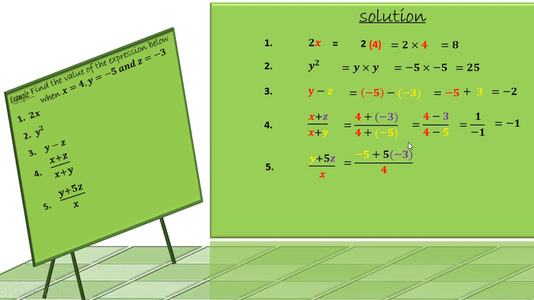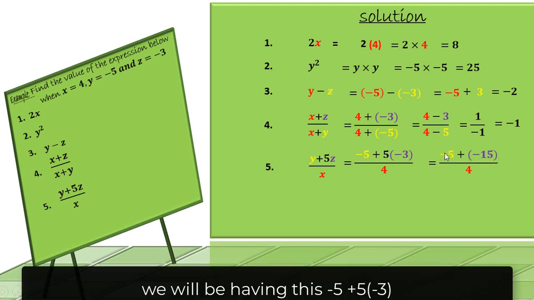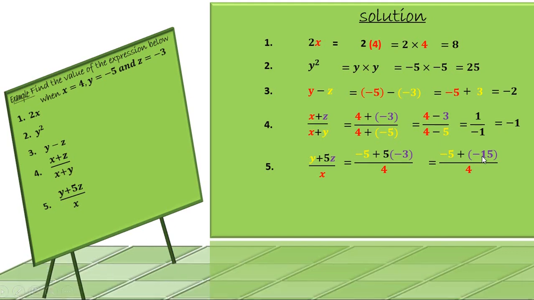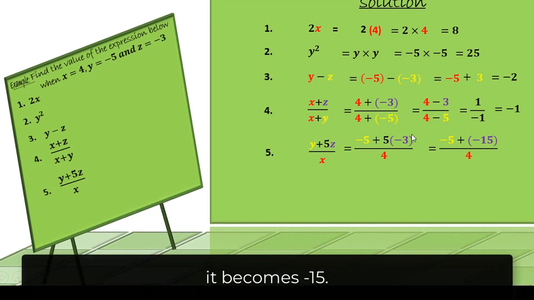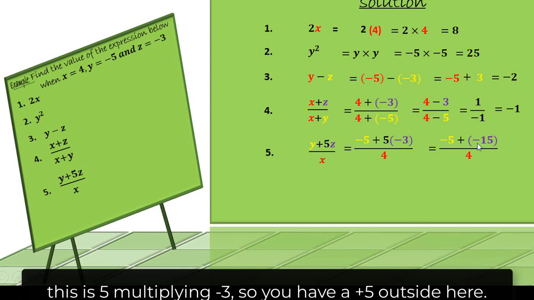Okay, so simplifying that, we'll be having this negative 5, then plus 5 multiplying minus 3 becomes minus 15. Again, I say that this is 5 multiplying minus 3, it becomes minus 15. Then you have a positive sign outside there, remember.